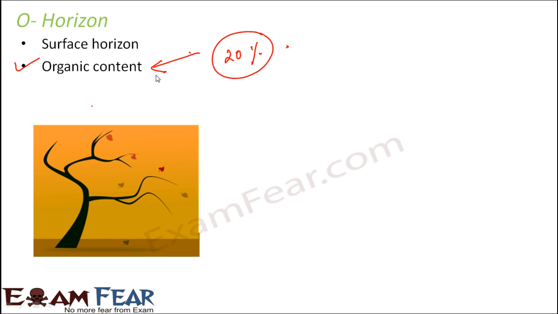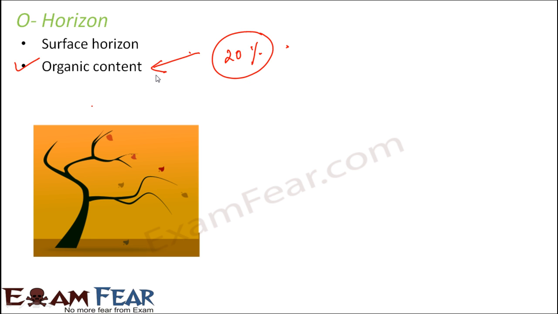When I say that, where do you think there will be more leaf litter? Where will you have more trees? Mostly the forest areas. So in the forest areas, the soil has this O horizon. Whereas if you look at areas where there are no trees, no plants, the chances of leaves falling on this topmost layer are also very less. So in those regions, this O horizon might not be present at all.